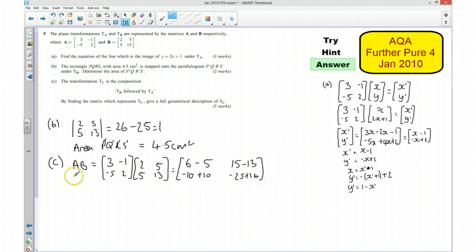Okay, so that tells me that matrix C is going to be equal to 1, 2, 0, 1.